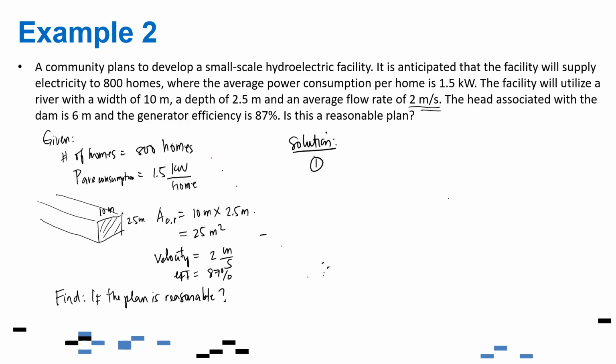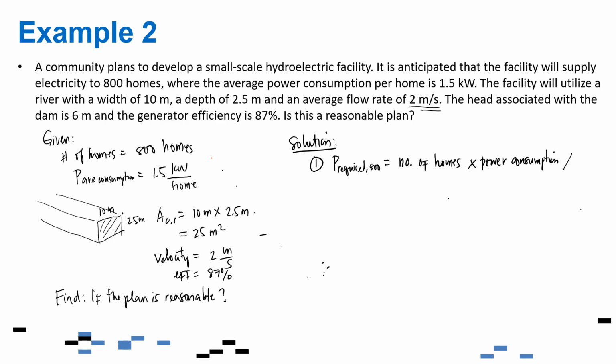In order to do that, we have to find out the required power, P required, for 800 homes. We can compute this by the number of homes times the power consumption per home.